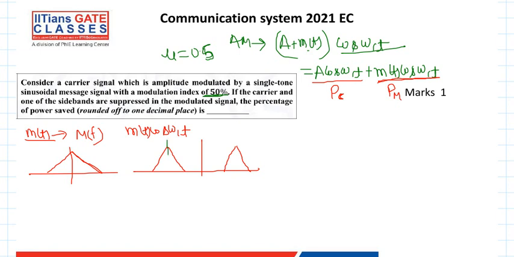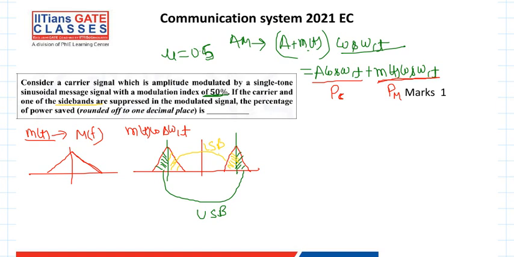In this spectrum, this portion and this portion we call the upper sideband, and this portion and this portion we call the lower sideband. That's what is meant by sidebands. The sidebands contain equal power, meaning the lower sideband has the same power as the upper sideband.